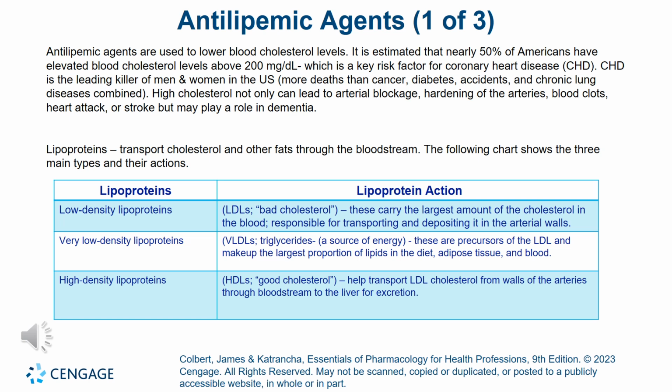These are precursors of the LDL and make up the largest proportion of lipids in the diet, adipose tissue, and blood. And then the last one is high-density lipoproteins, or HDLs, which is the good cholesterol. These help transport the LDL cholesterol from walls of the arteries through the bloodstream to the liver for excretion.